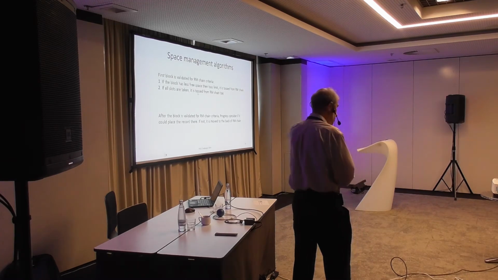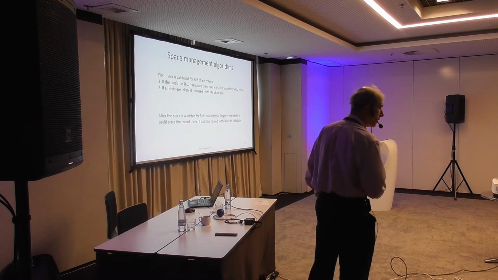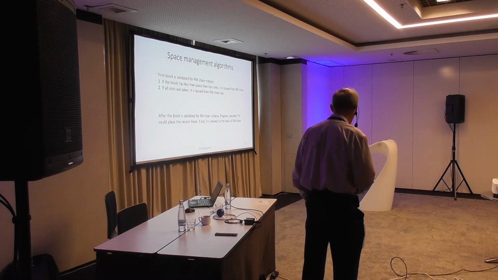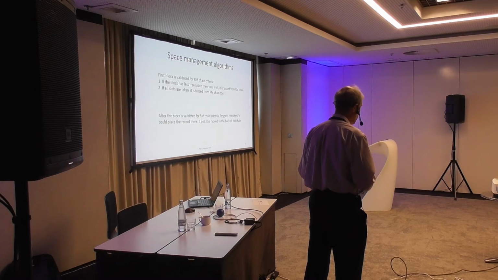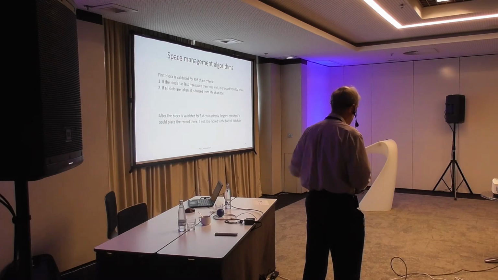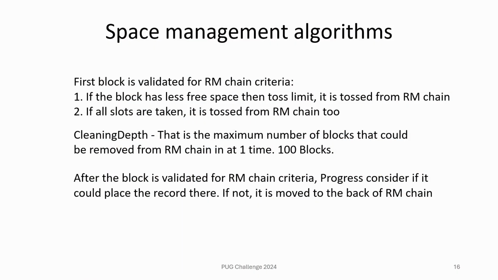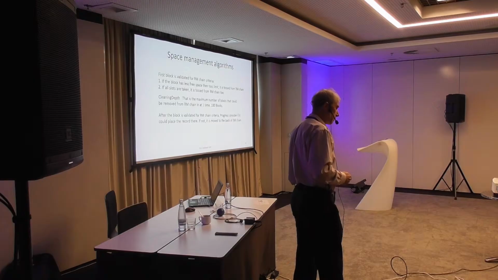Because if there are no slots, then the block is going out of the RM chain. But if Progress evicts blocks from the RM chain, it couldn't do it indefinitely because of time wasting, so it has a limit. And this limit, we called it cleaning depth. So basically, it will clean a maximum of 100 blocks, it's a constant, from the RM chain before it abandons the process and takes a free block.